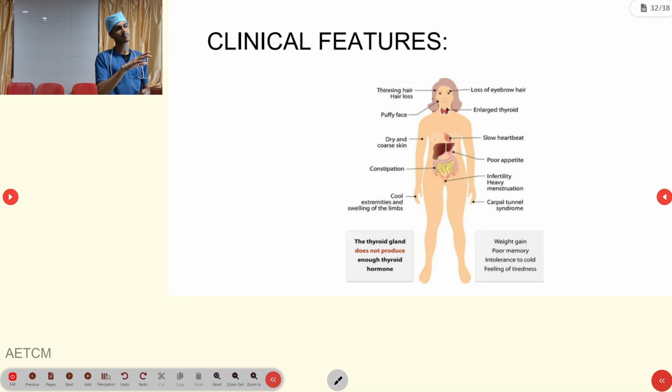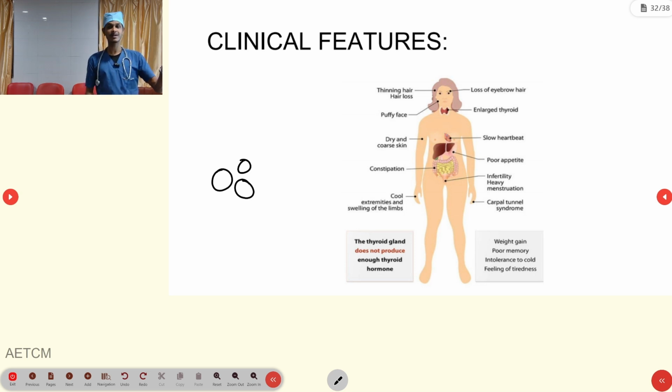One more important reason for weight gain is reduced metabolism in hypothyroidism. Normally, whatever we eat is converted into ATP, glucose, whatever the body needs. But if metabolism is not occurring, whatever we eat stagnates in the body, and that also causes weight gain. So those are the two reasons for weight gain.